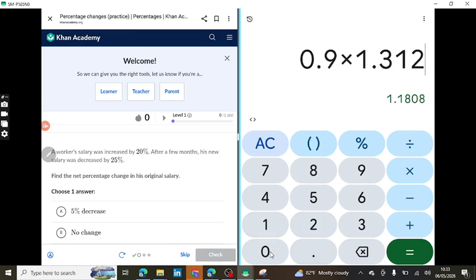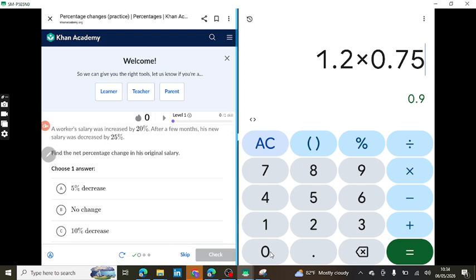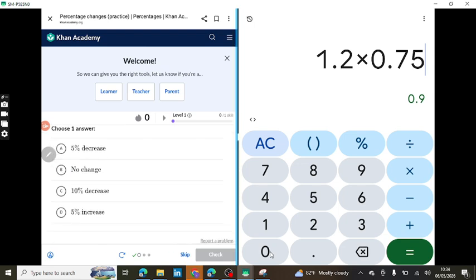1.2 times 0.75 is 0.9. You see, we are looking for that option. What is the meaning of 0.9? When something is now remaining 90, you should allow your brain to process fast.